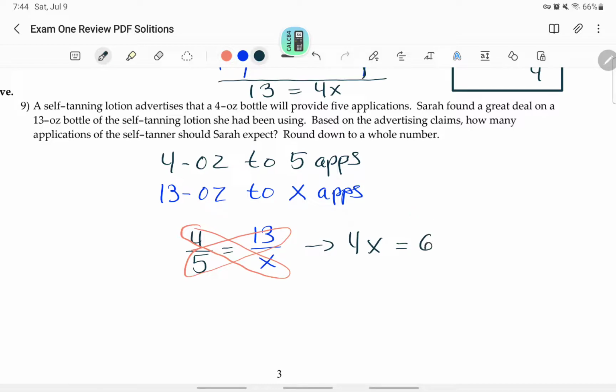That's 65. To get x by itself, we're going to divide both sides by 4. It says you want to round to a whole number. So let's divide these two. 65 divided by 4 is 16.25. And because it wants us to round down to a whole number, we can expect 16 applications. Actually, let's write it down here. 16 applications.